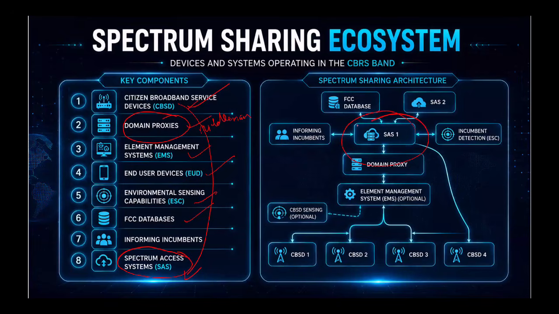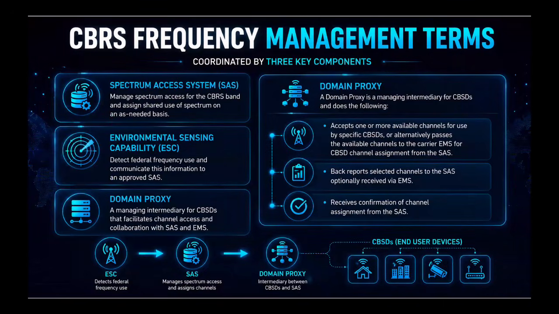It communicates with the FCC database, ESC, domain proxy, and all the CBSDs to ensure that everyone shares the spectrum fairly and without causing harmful interference to any channel, right? Now look at the three key components that make CBRS spectrum sharing possible. What are the three main components? One is SAS, one is ESC, and one is the domain proxy.